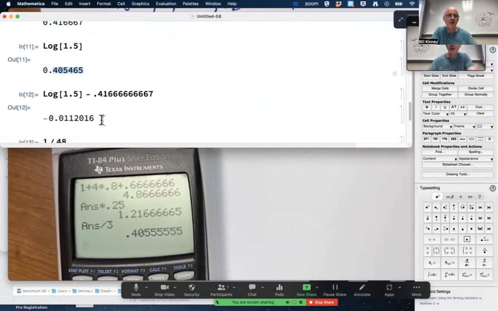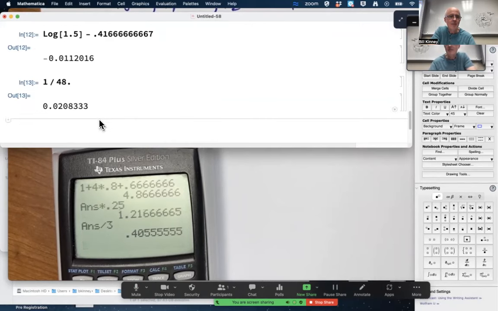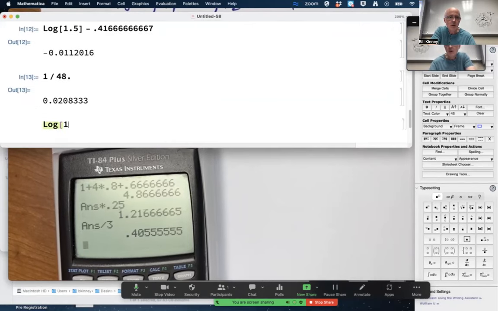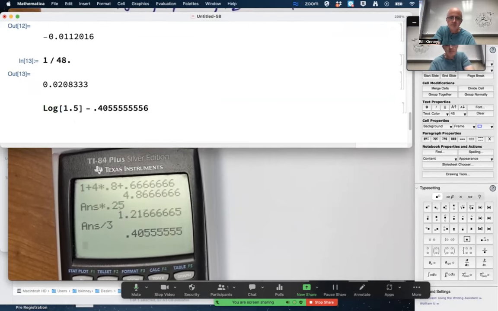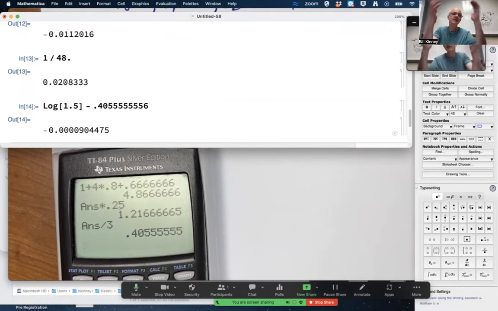Yeah, this is getting really close. Log of 1.5 minus 0.40555555. Maybe put a 6 on the end for good measure. Yes, the error is very small using Simpson's rule with just 3 nodes. Look at that error. Very small. This is a very good approximation.